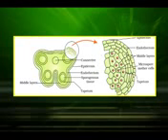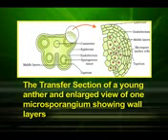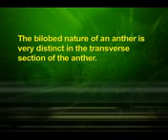Let us understand the various types of tissues and their organization in the transverse section of an anther. In this diagram, we can see the transverse section of a young anther, an enlarged view of one microsporangium showing whorl layers. The bilobed nature of an anther is very distinct in the transverse section of the anther.